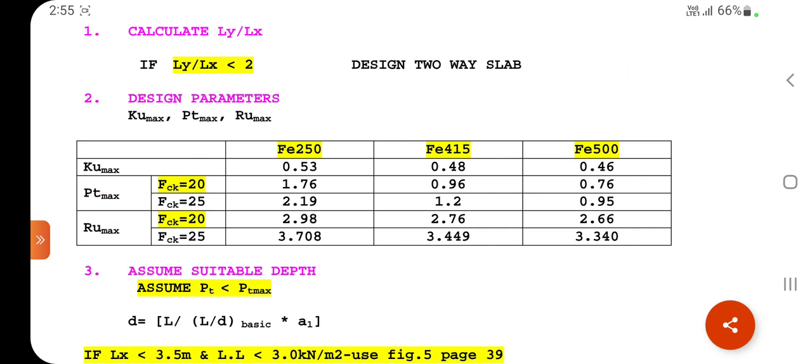For example, suppose my concrete is of grade M25 and steel is of grade Fe500. Then my value of Ku max will be 4.6, Pt max will be 0.95 and Ru max is 3.34. Got it?